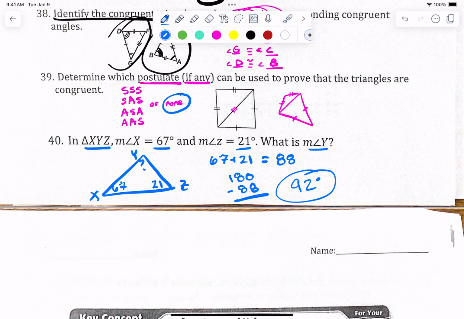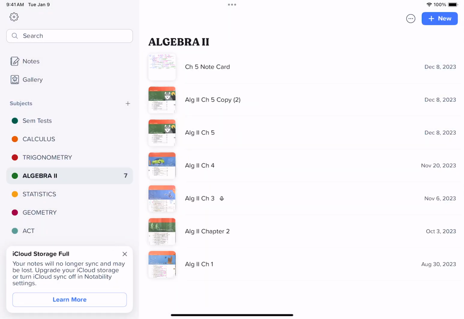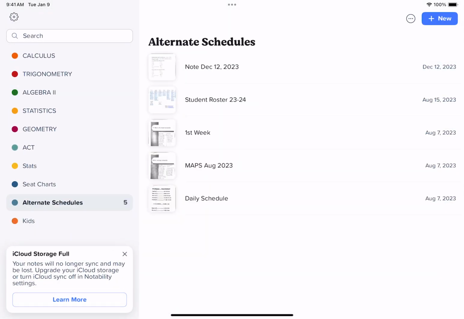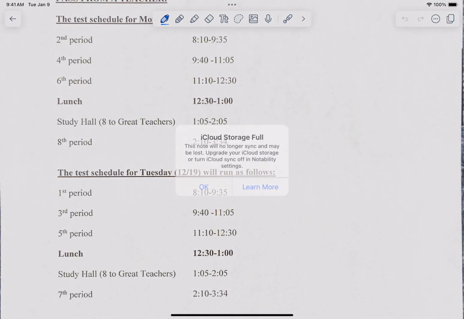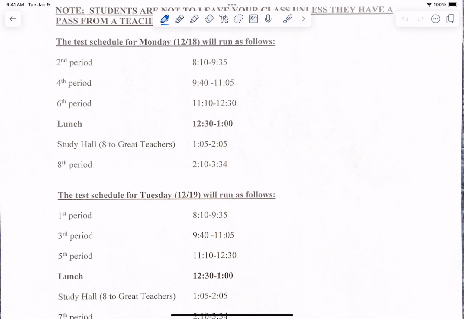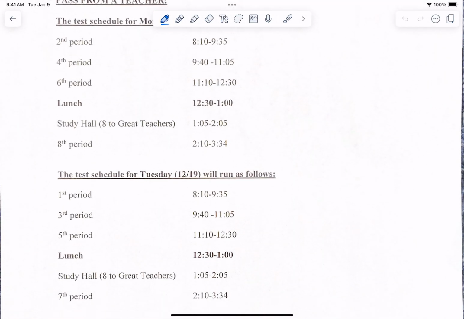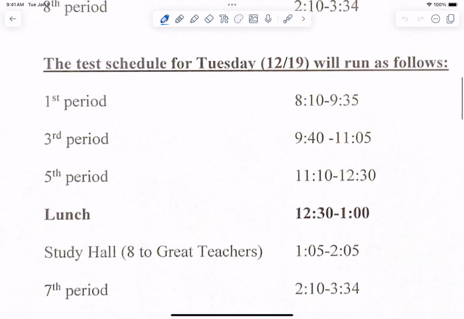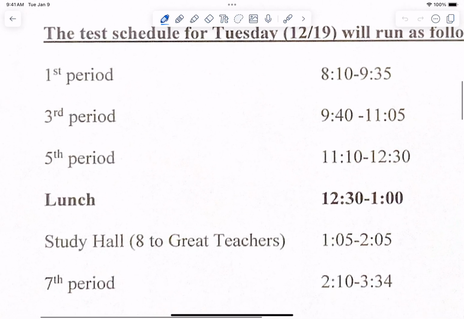Okay, you guys, just so that we're clear on the test, which is Tuesday. It goes 1, 3, 5, lunch, study hall, 7. Yep, right here. So it's the same for Monday. Monday's schedule is the same as Tuesday's schedule. So you go 1, 3, 5. The other day is 2, 4, 6. So those ones aren't out of order, but this one is out of order. 1, 3, 5, lunch.